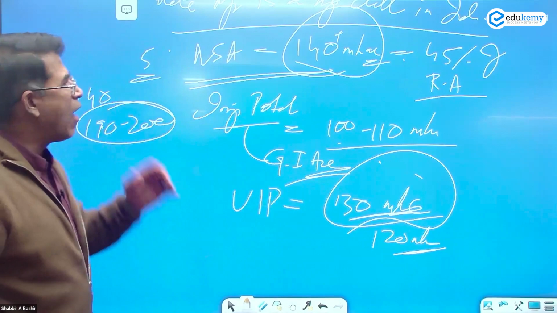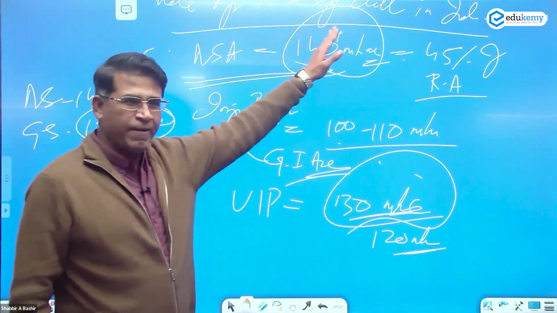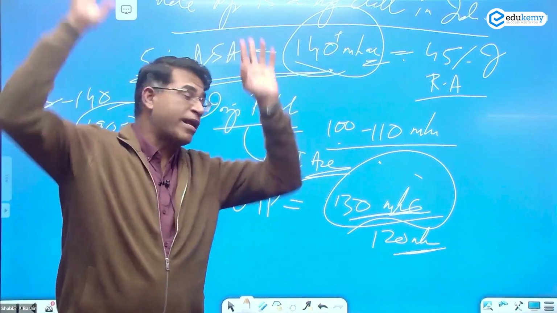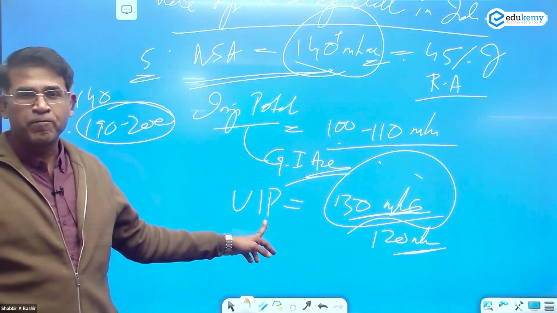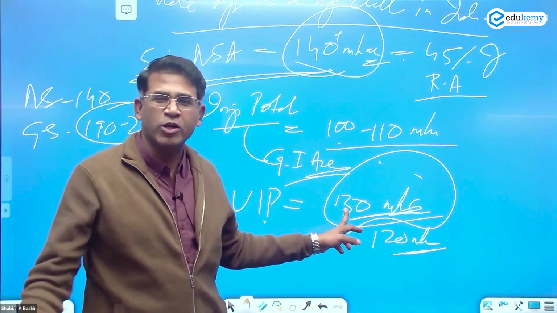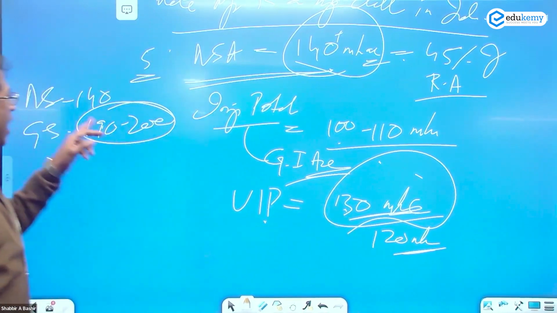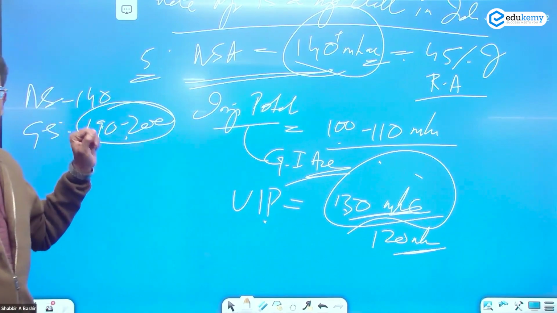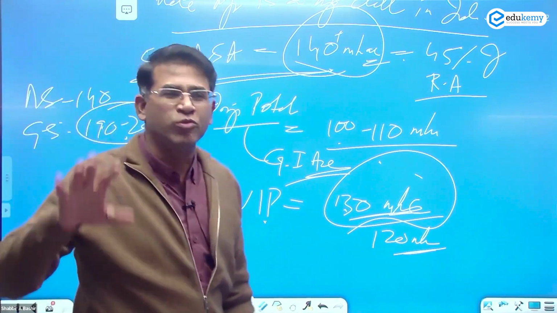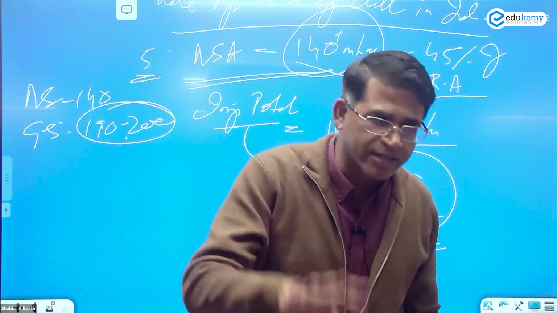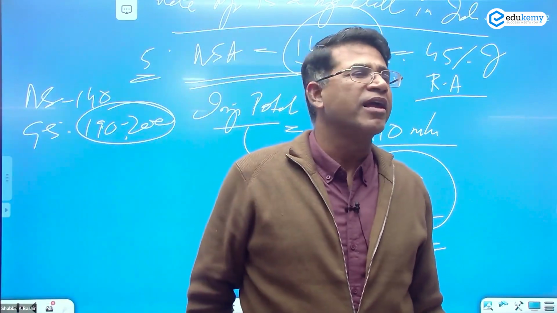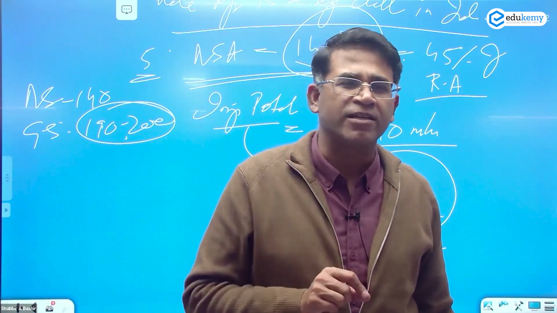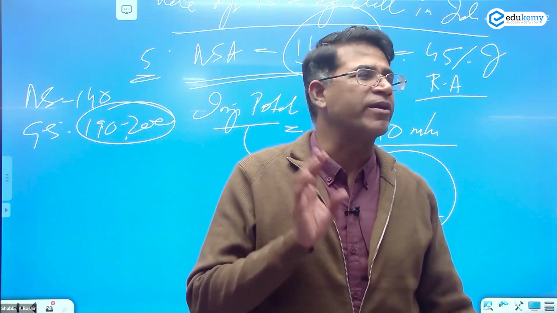Imagine, our net sown area 140 है, ultimate potential, ये भी gross irrigation है, is 130, 120, and our gross farming is this much. Look at the gap here, which means even if I use all my technologies and have irrigation, can I have 100% irrigation?